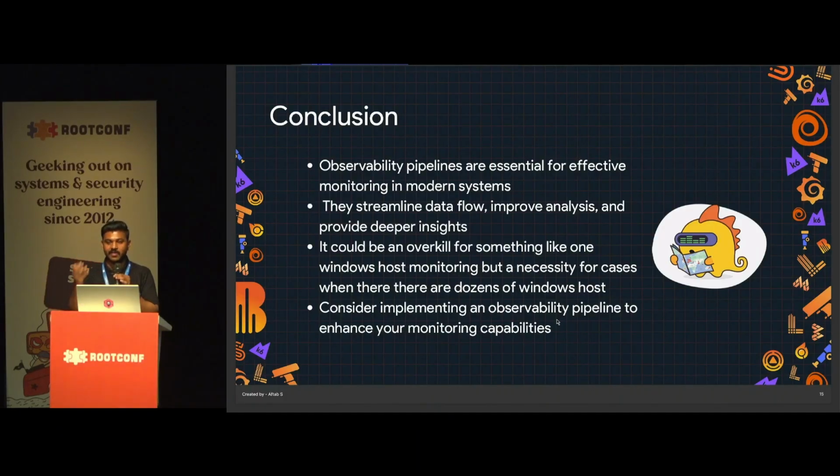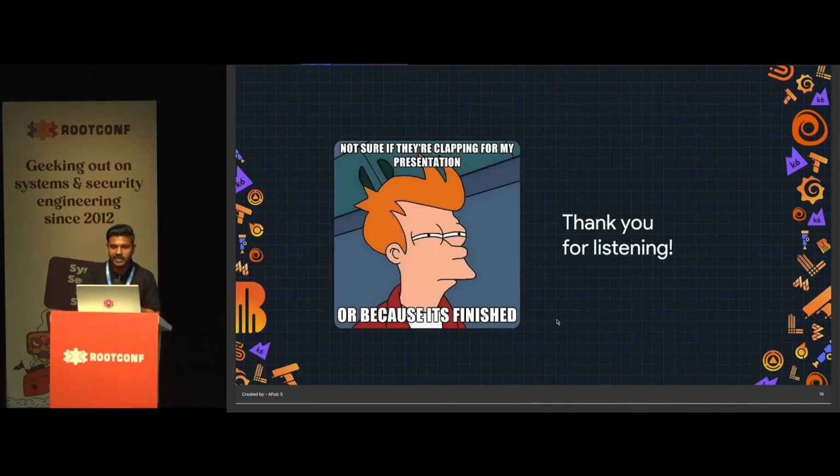But if you have more sophisticated infrastructure, considering an enterprise point of view, this can be a necessity. Otherwise it will be overkill, but it's a good-to-have thing. So that's it from my side. Thanks a lot for listening.